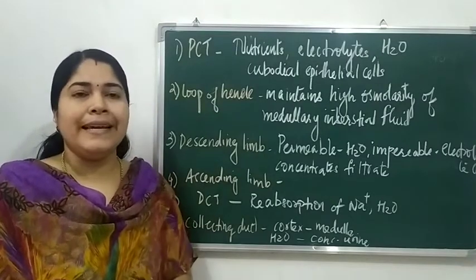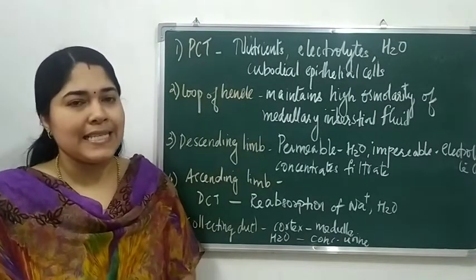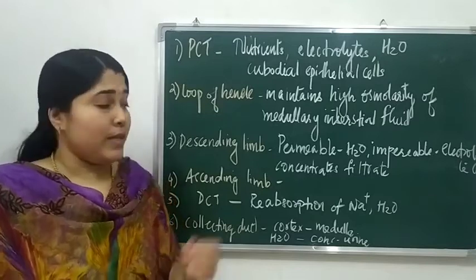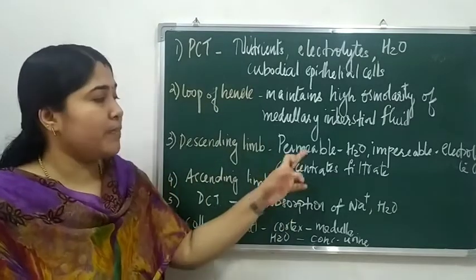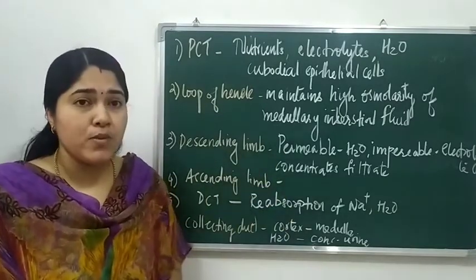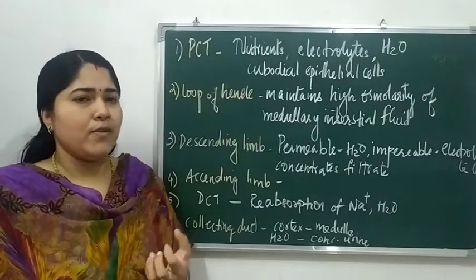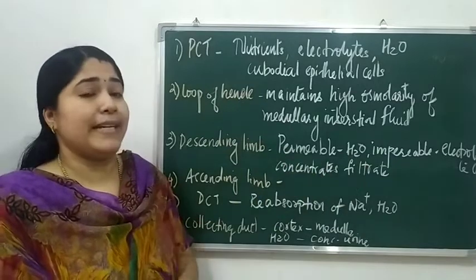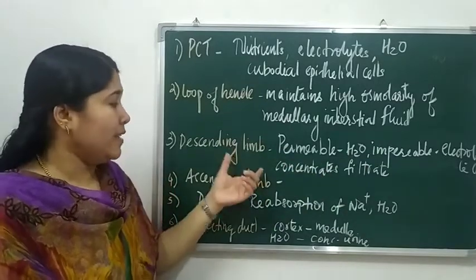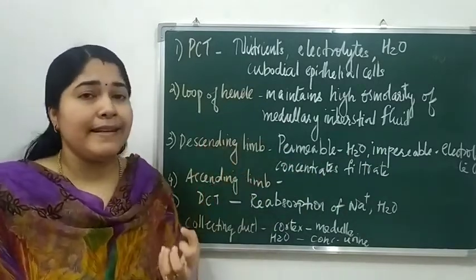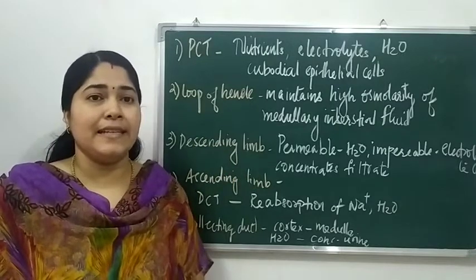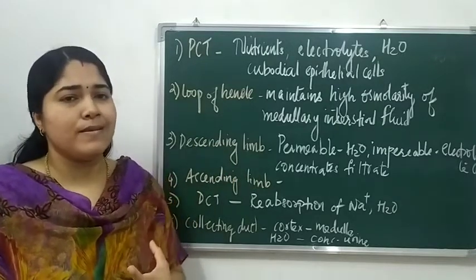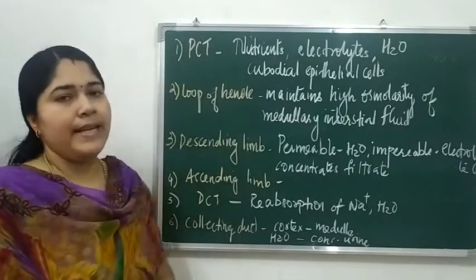As I told you, Henle's loop has the ascending limb and the descending limb, and this descending limb is permeable to water. Permeable means it allows the absorption of water, and it is impermeable to electrolytes. Here in the descending limb, the filtrate becomes more concentrated.